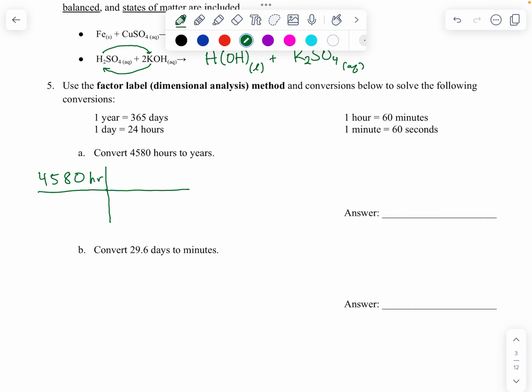So hours are on top, which means hours need to go here to cancel out. And I can't go directly, well, you could in theory, but based off of the conversion factors I have, instead of going from hours straight to years, I can go from hours, which is 24 hours, to days, right?